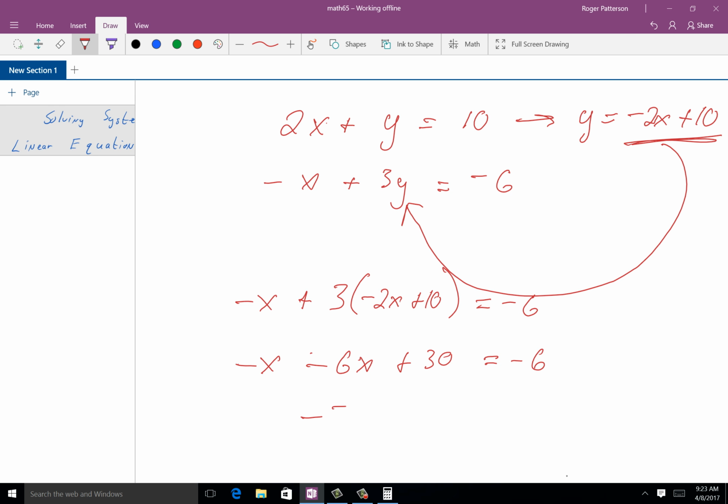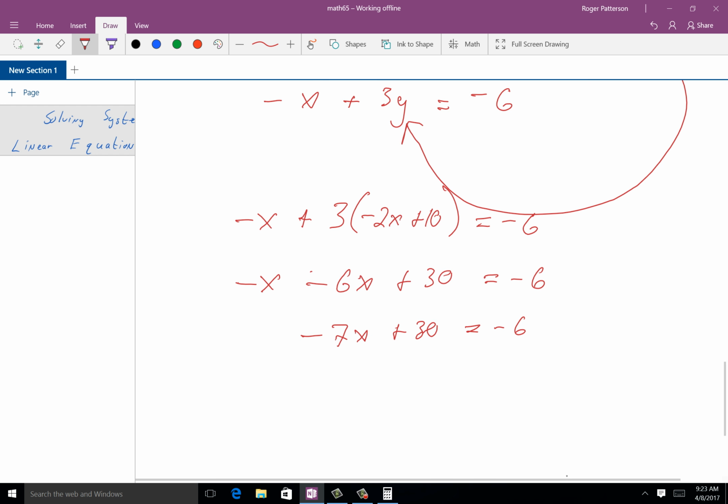So let's see, negative 7x plus 30, negative 6, and we just keep going. Like I said, you've done a lot of these. And here we get another decimal.